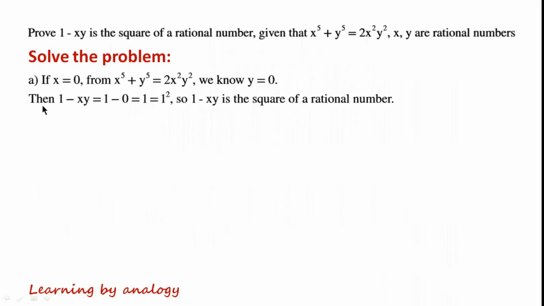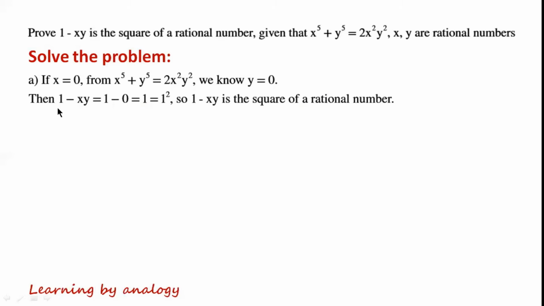If x equals 0, from x to the power of 5 plus y to the power of 5 equals 2x squared y squared, we know that y equals 0.